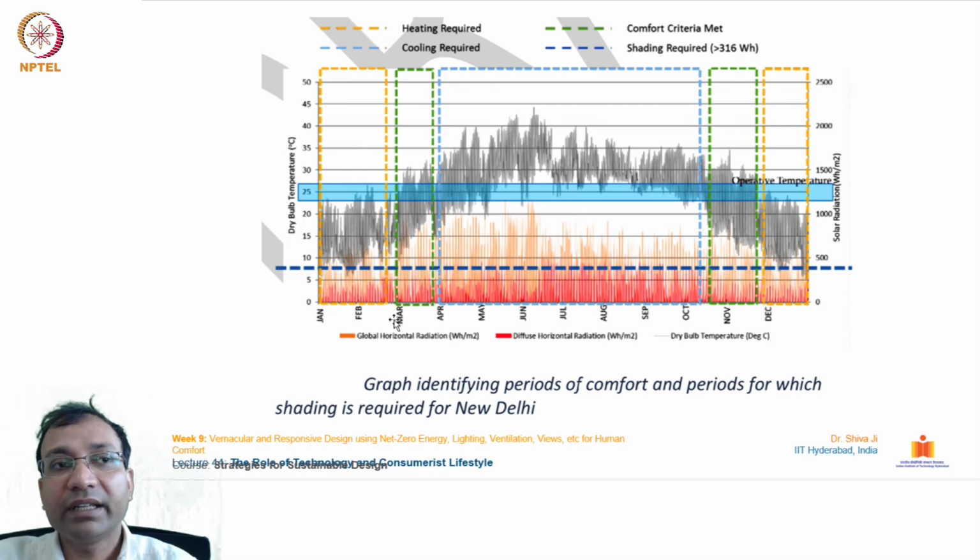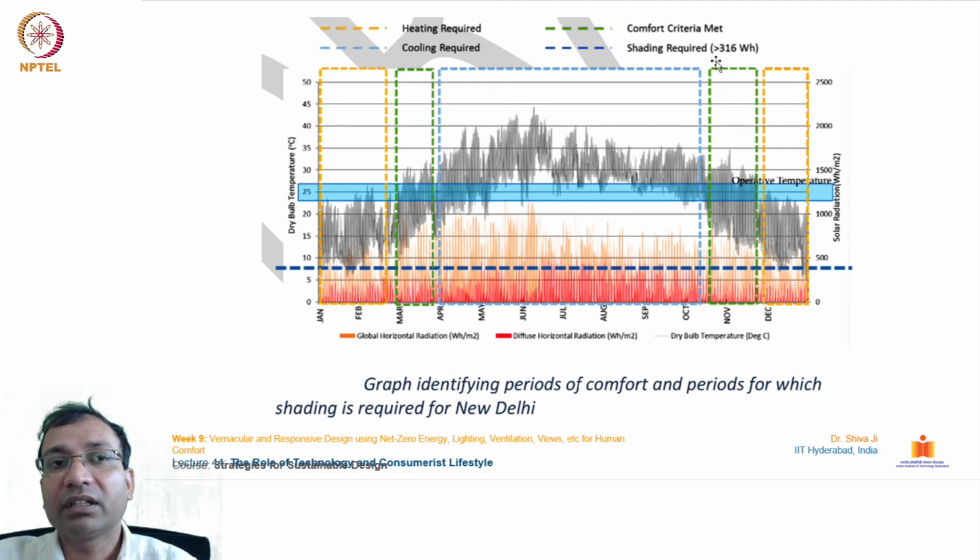In this zone heating is needed. You can see over here the orange dotted line, and this green dotted line is a period of comfort. The natural elements are at such a balance that, in an overall sense, the outside temperature and the combination of humidity and wind speed is at the comfort level. And in this blue period cooling is required.